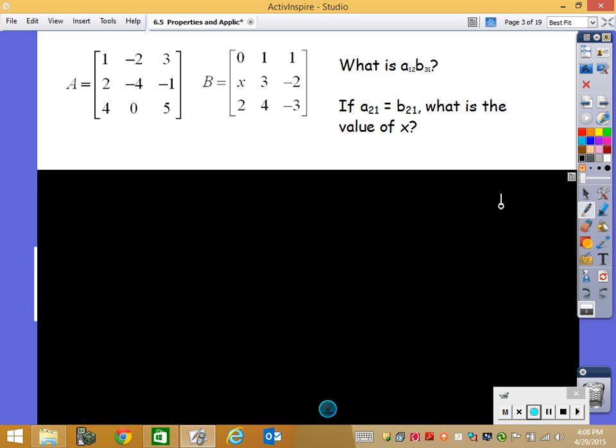Let's say matrix A is 1, negative 2, 3, 2, negative 4, negative 1, 4, 0, 5. And matrix B is 0, 1, 1, x, 3, negative 2, 2, 4, negative 3. They're asking, what is A12 times B31?